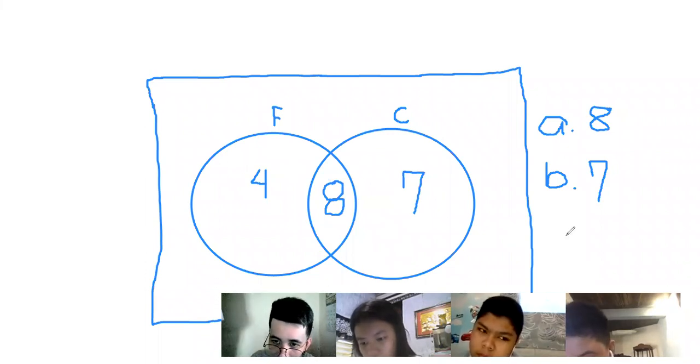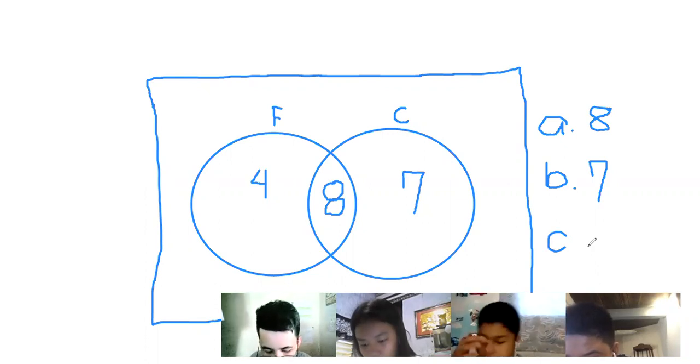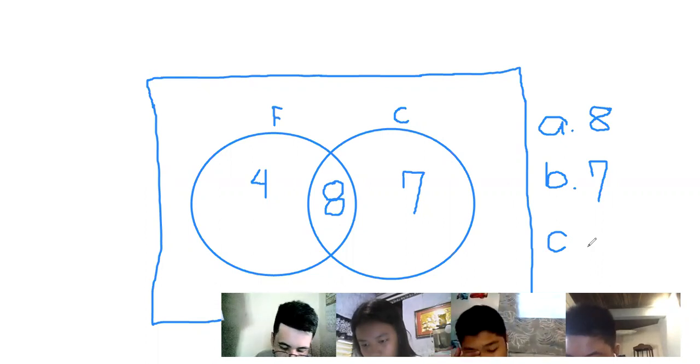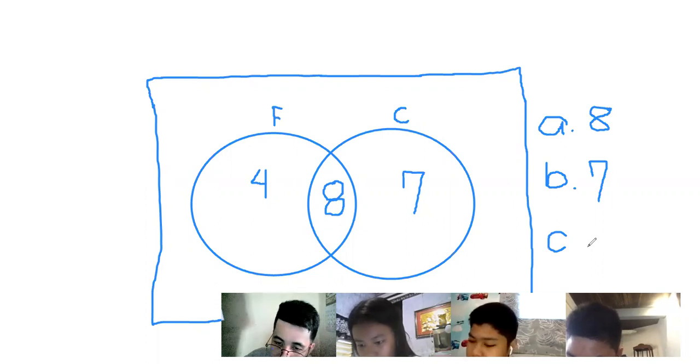Okay? Then, sa letter C, how many students prepare only one of the two languages? Ilan daw yung mga estudyante na kumukuha ng isa sa dalawang language? Lahat daw ng kinukuha nila isa lang language.